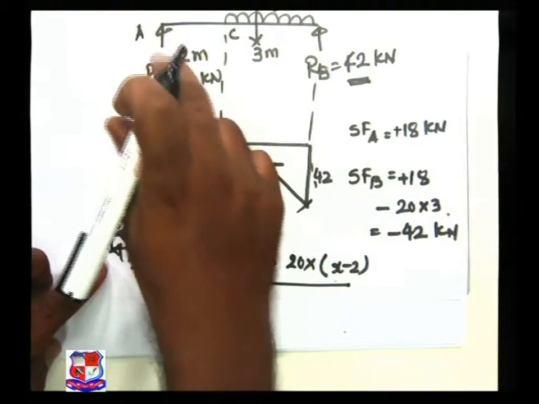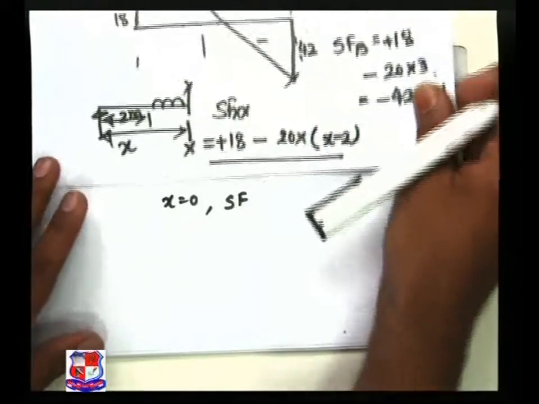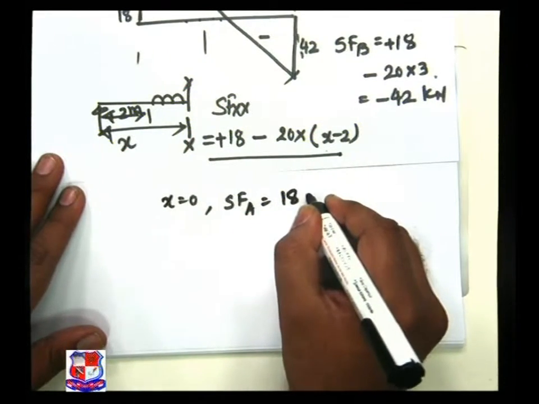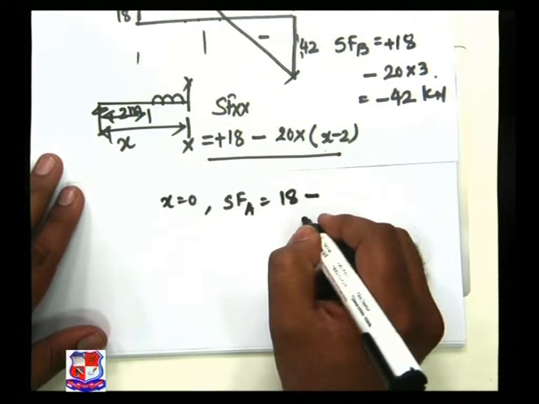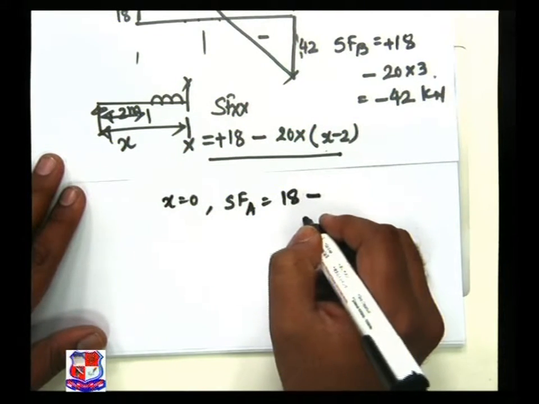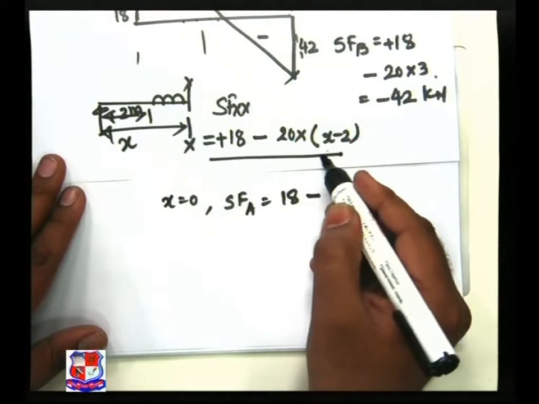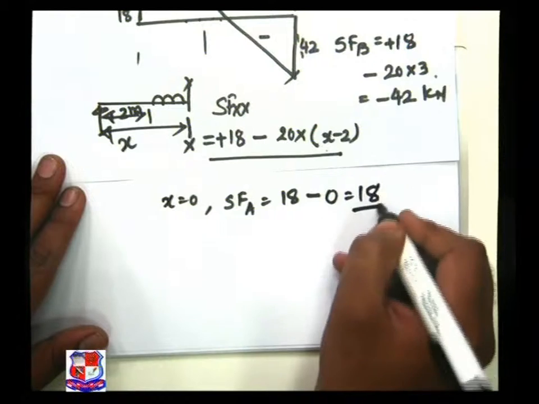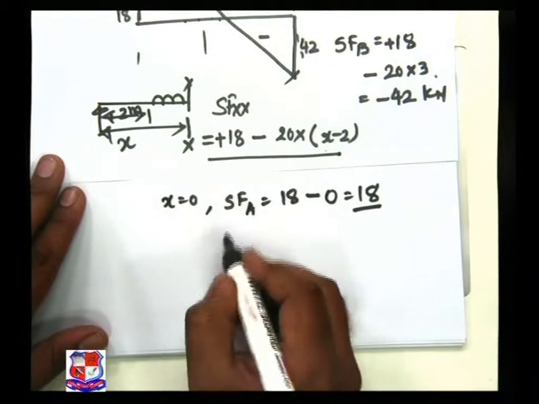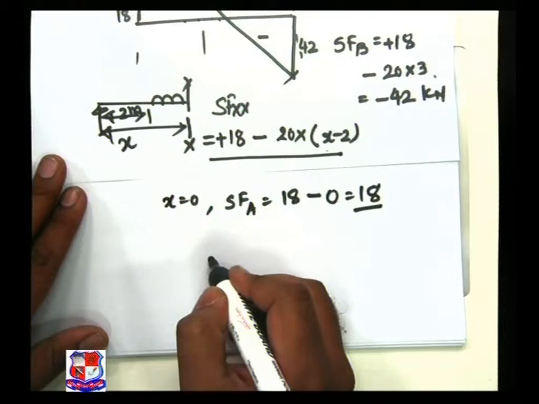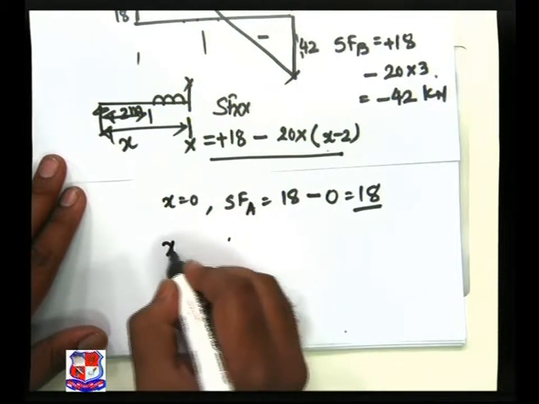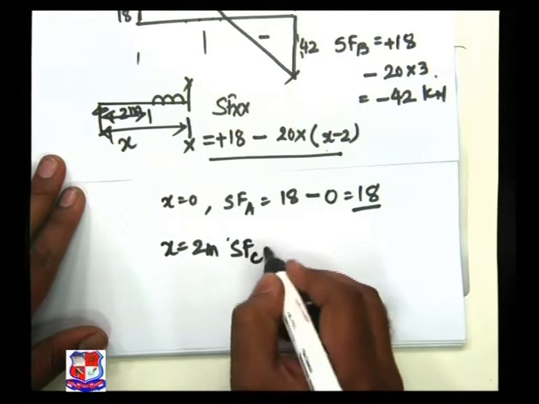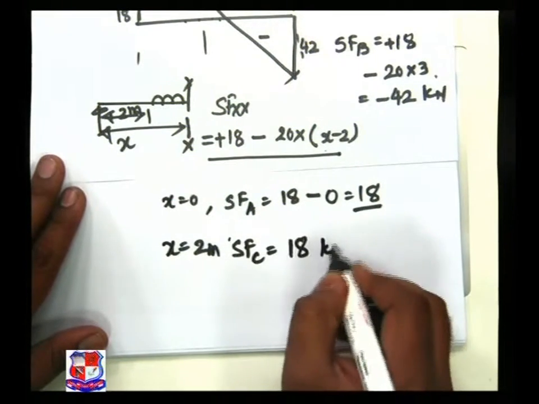The shear force at A is equal to 18 minus 20 into (0 minus 2)... SF at A gives you the value 18. Now if I put x equal to 2 meter, SF at C is once again 18 kilonewton.